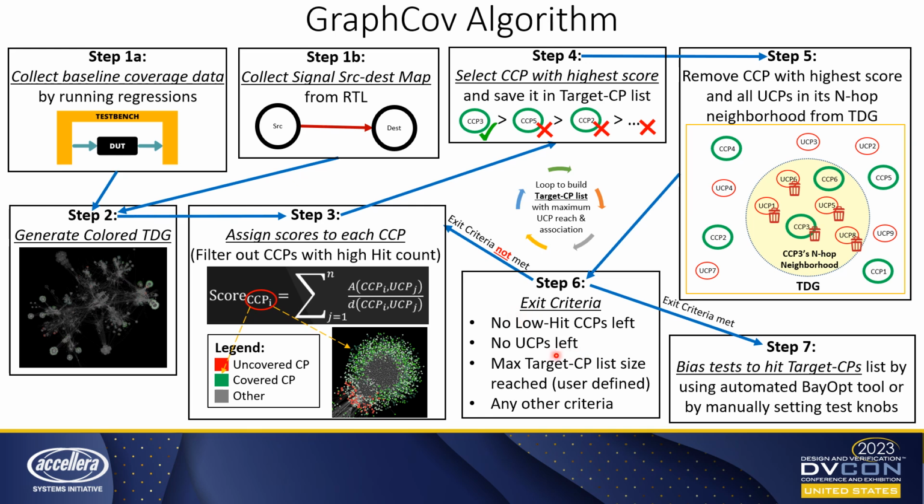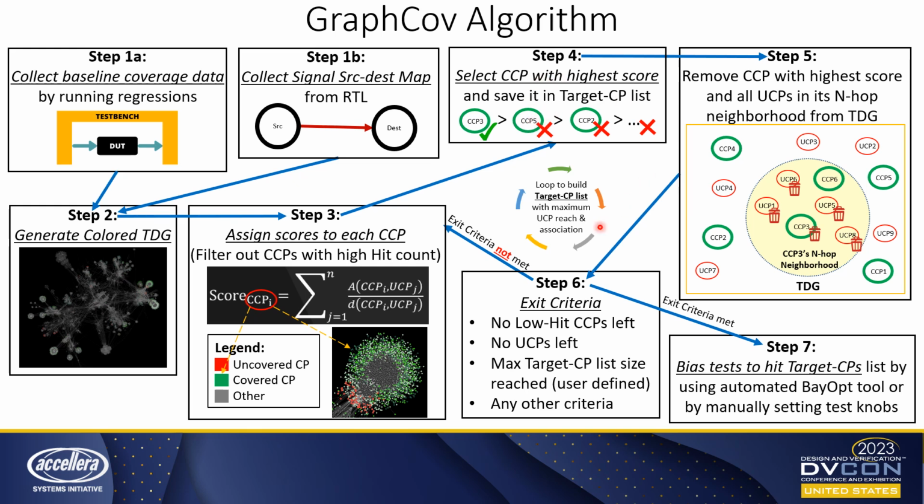For example, it's possible that after pruning all the UCPs, there are no UCPs left anymore, so that would stop the process. If the exit criteria is not met, then we move to step 3 again, where we reassign scores to all the low hit CCPs on the pruned graph. And then we move to step 4, where we figure out what is the CCP with the highest score on the second round of GraphCov.